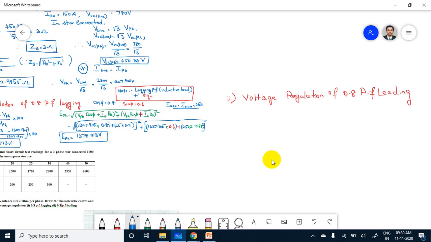Note: for leading power factor, which is applicable to capacitive load, we have to put a minus sign. Okay, we have to put minus sign. Note this down.